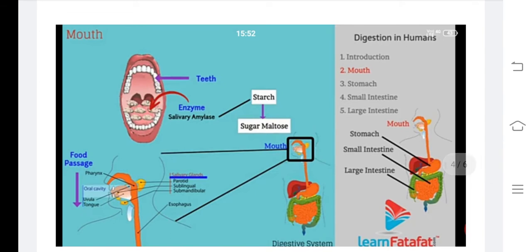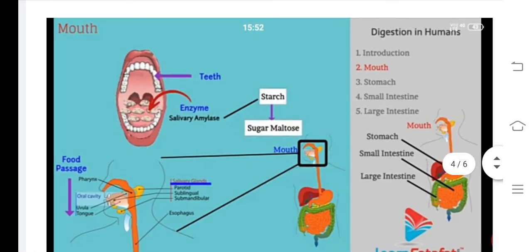We take in food through the mouth, but digestion also takes place in the mouth. Next, observe the picture carefully, children.